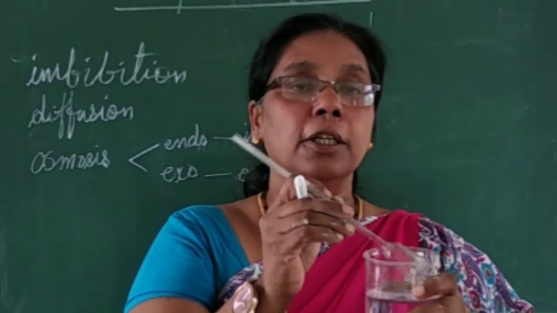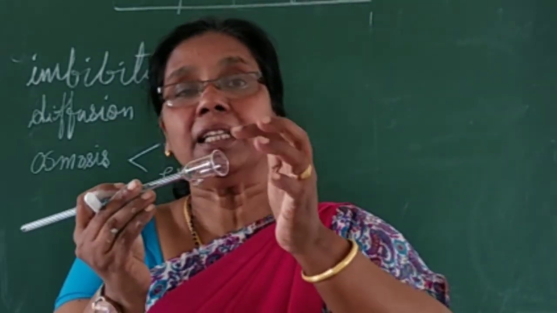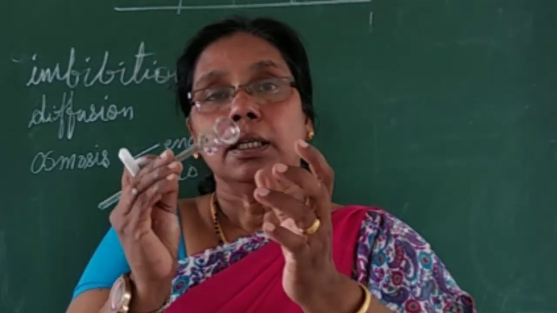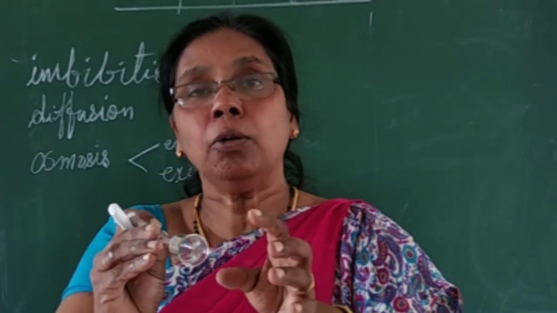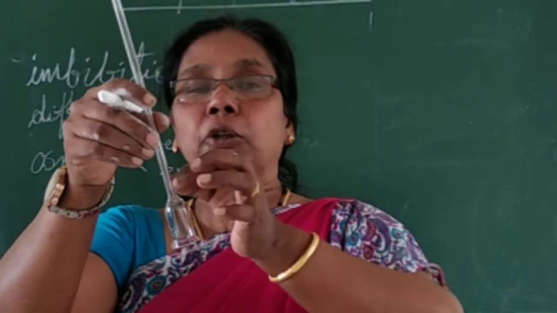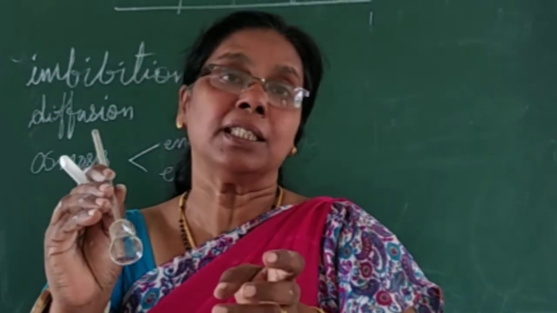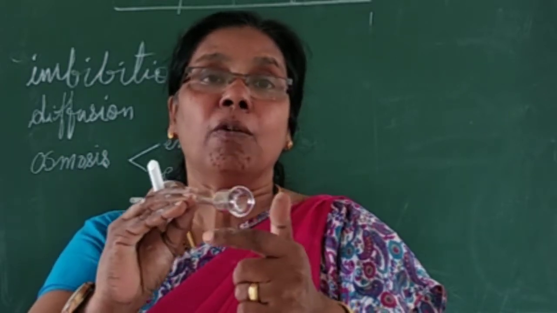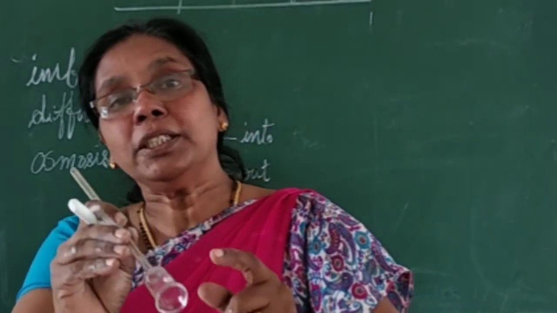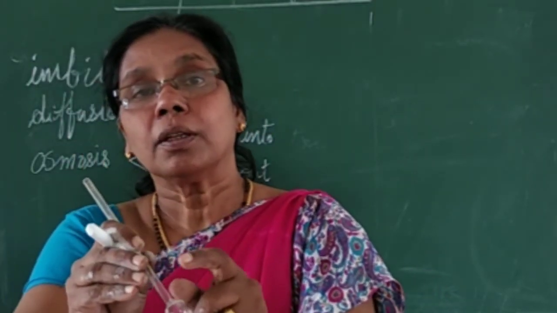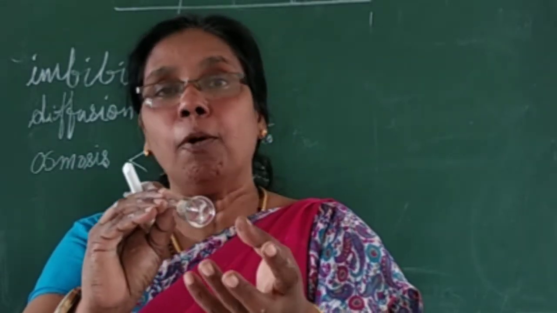Why? Because the rubber sheet that we tied at the mouth of this thistle funnel is impermeable. It won't allow the sugar solution to go out or water to enter into this thistle funnel. Next case, instead of this rubber sheet, you take a muslin cloth which has many pores.